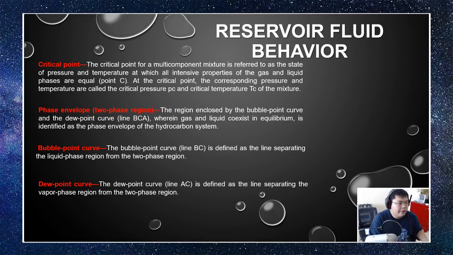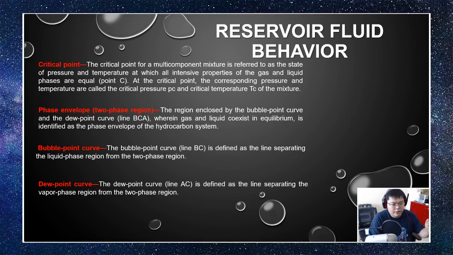There is a critical point, which is the maximum point of pressure and temperature for the fluid to change. In a reservoir, you will always have either a gas or a liquid.